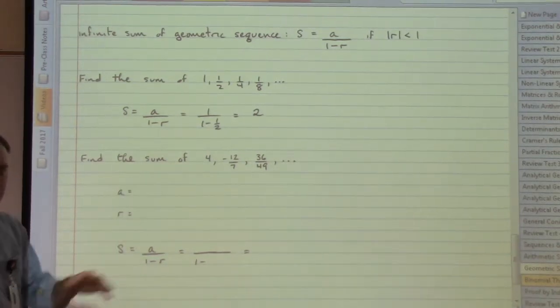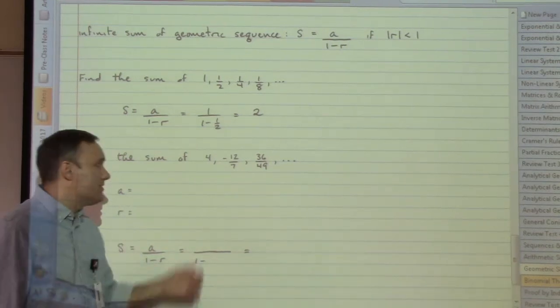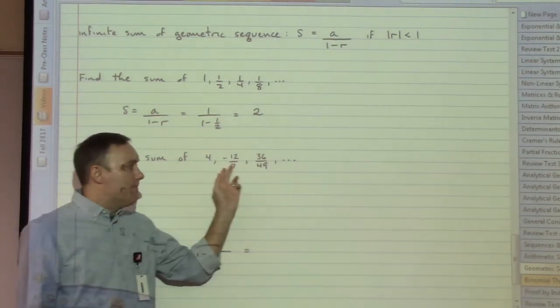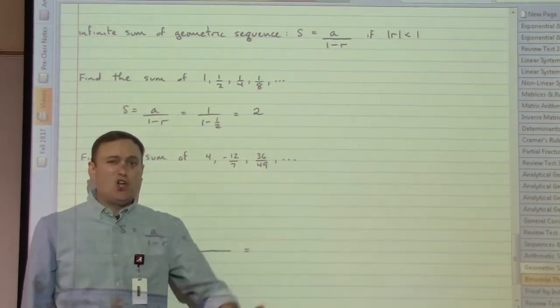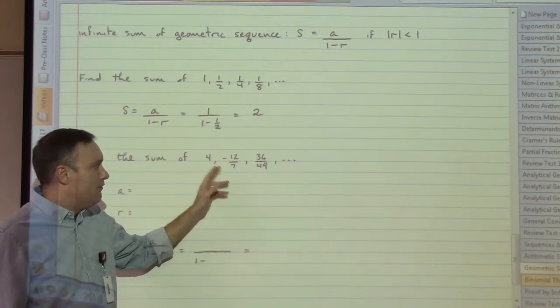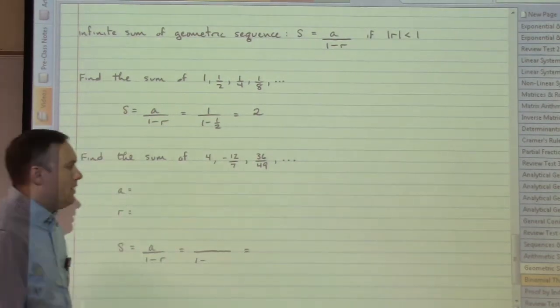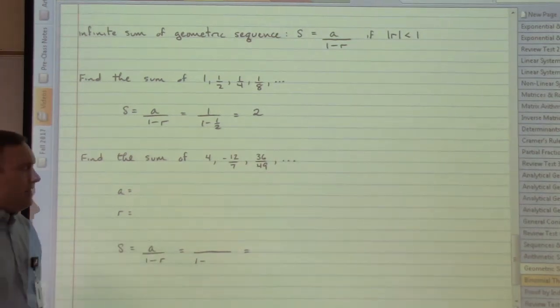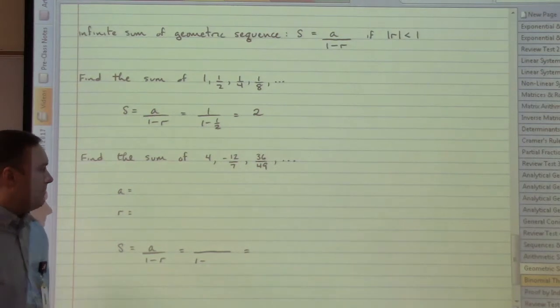The sum. Again, they don't have to literally refer to infinite sum or infinite series. They could just say the sum. And by what they give you, the dot dot dot saying that it never ends, they've given it to you in kind of an under the radar fashion. 4, -12/7, 36/49, and so on. I have an infinite number of other terms that follow this particular pattern.